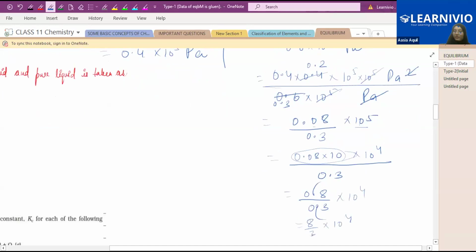Now 8 divided by 3: 3 2s are 6, so 2.67 multiplied by 10 raised to the power 4 Pascal. That is your final answer. What is Kp? Kp is 2.67 into 10 raised to the power 4 Pascal, and you can also write the approximate value, 2.7 into 10 raised to the power 4 Pascal.